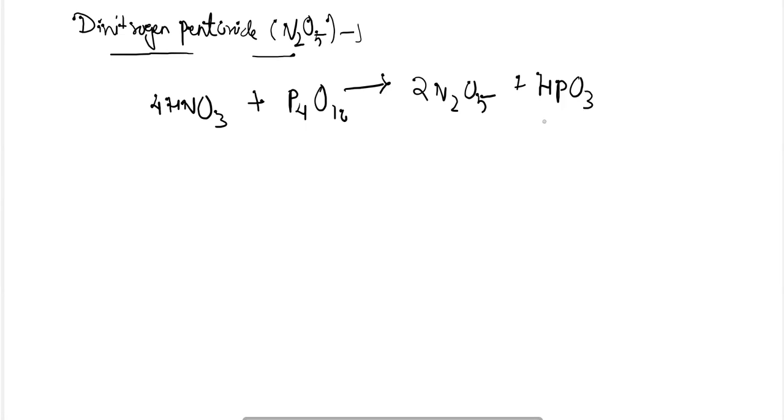N2O5 exists as a colorless solid below 273 Kelvin. As the temperature rises above 273 Kelvin, the color changes to yellow due to partial decomposition of colorless N2O5 to brown NO2.